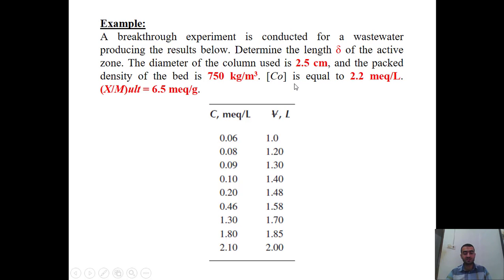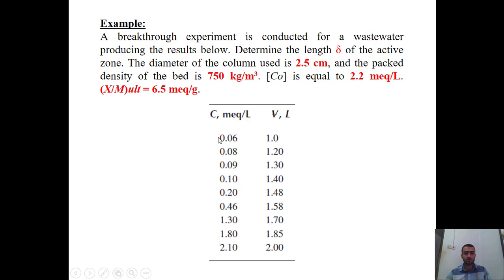C0 is the initial concentration of the solute in the wastewater, which equals 2.2 milliequivalent per liter. And X over M is the ultimate exchange capacity, the ultimate treatment capacity of the resin. So here, each 1 milligram of the resin is able to exchange or treat 6.5 milliequivalent of the solute.